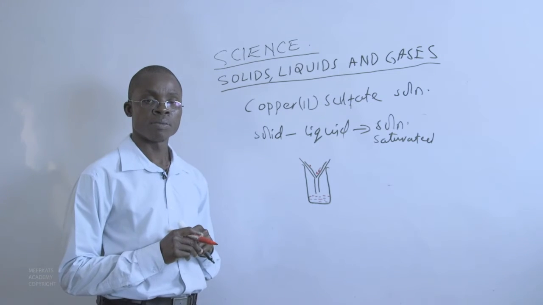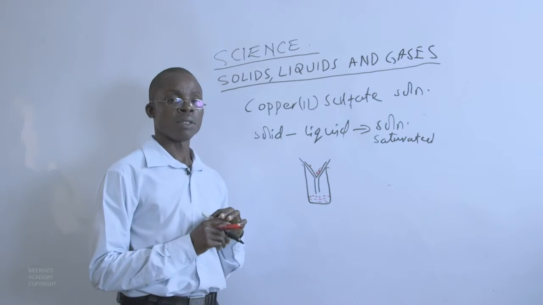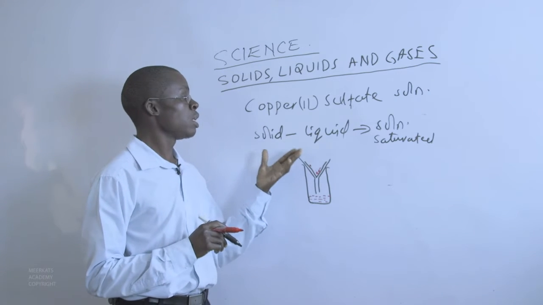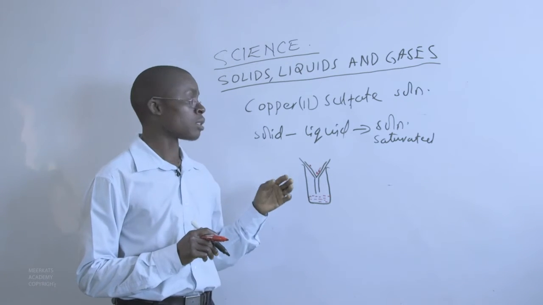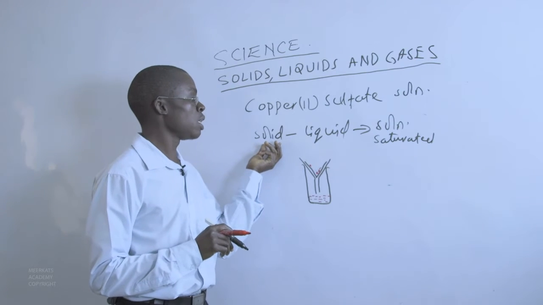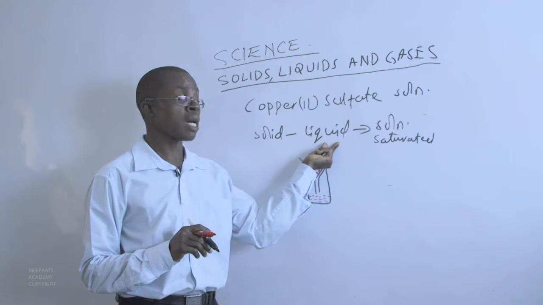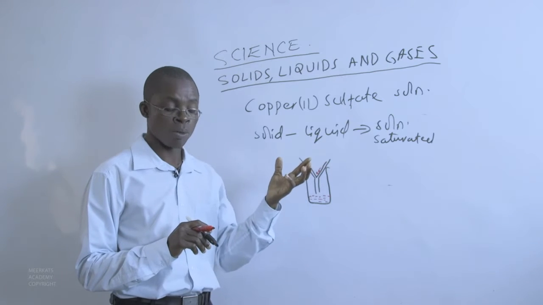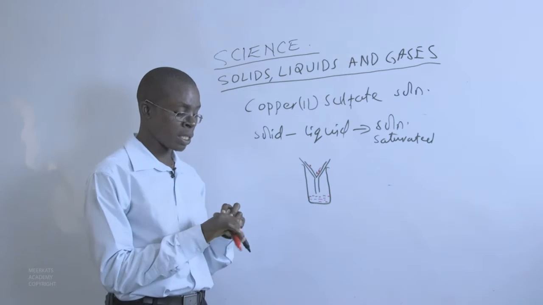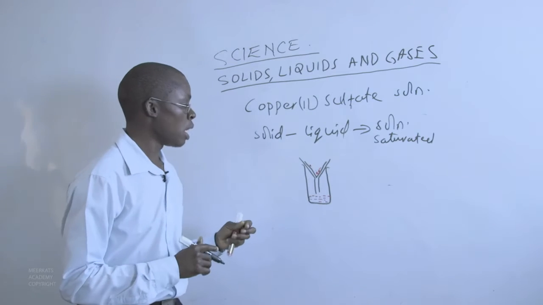Why? The answer lies in temperature. Remember when we talked about a saturated solution, we said we'll be talking about how much solute is dissolving in that solvent, but it must be at a particular temperature, which is a factor that affects the rate at which a solid will dissolve in a solvent.